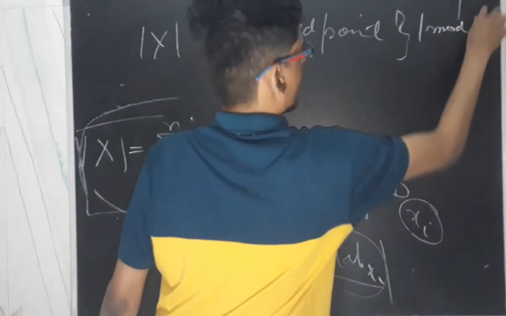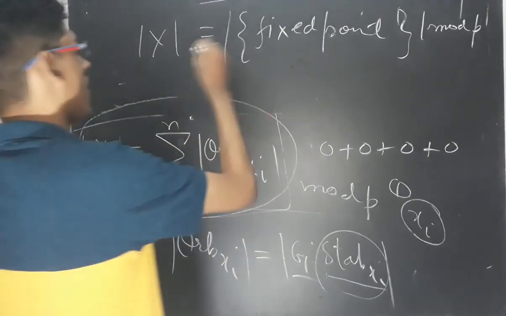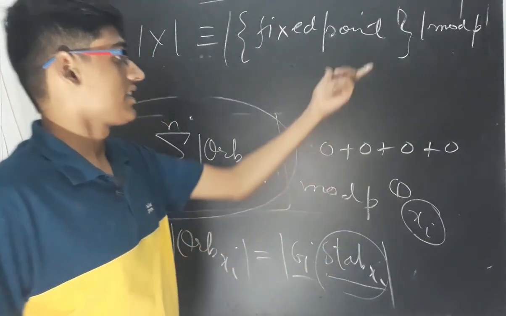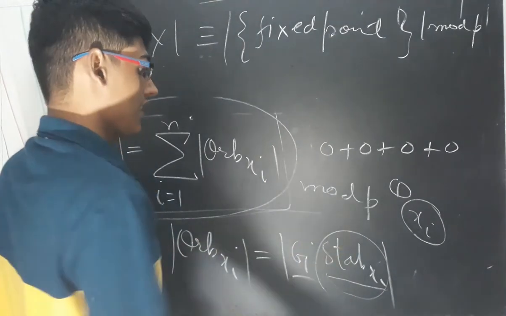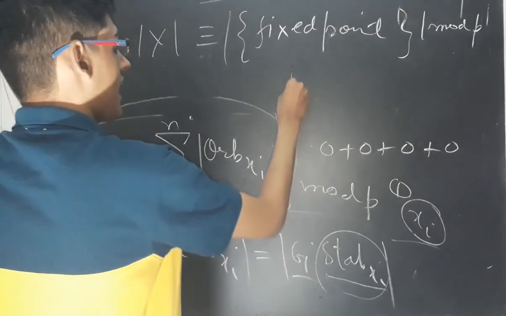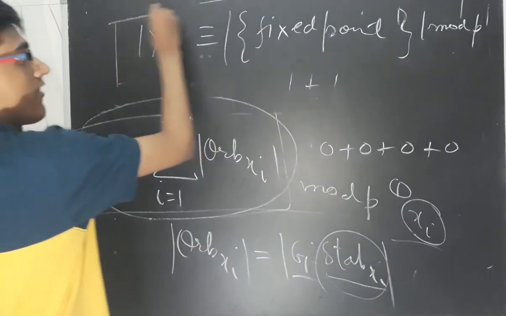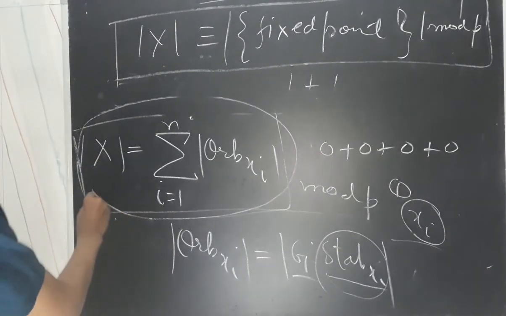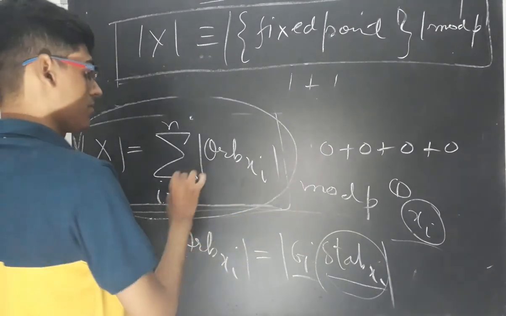When the set has no fixed point, then obviously the order of each orbit is divisible by p. But in the case I mentioned earlier, when the stabilizer is equal to the group, that is, when the length of the orbit is 1 and xi is a fixed point, you need to add 1 every time to satisfy this relation. So this is the fixed point congruence relation. Here you reduce this equation mod p on both sides.